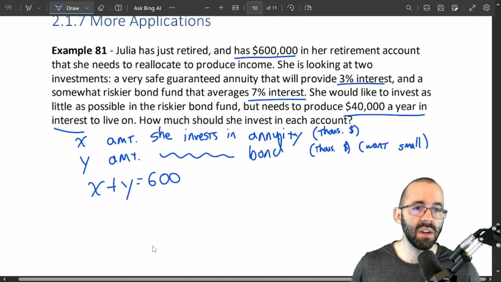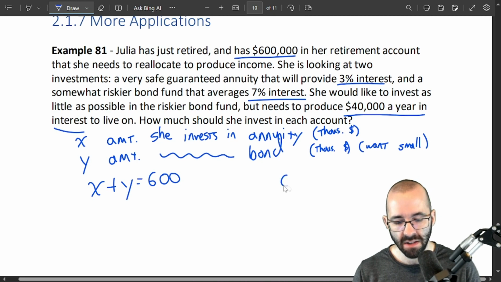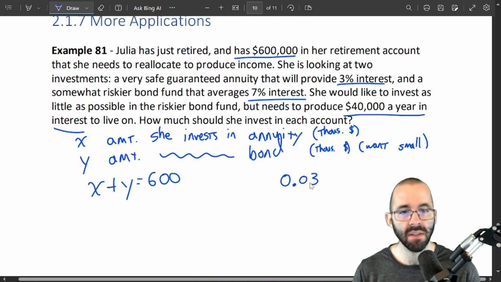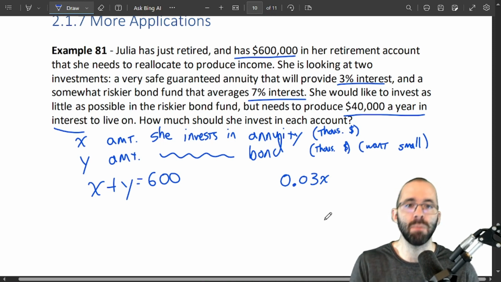Now we need the second one, and that's going to have to do with the interest, right? We want $40,000 in interest. So we get 3% interest, as a decimal, that's 0.03, based on how much we have in the annuity fund. Right? The interest we get in a year is just 3% of whatever we put in that fund.